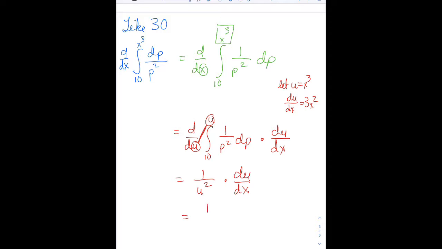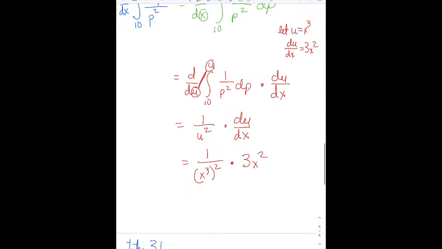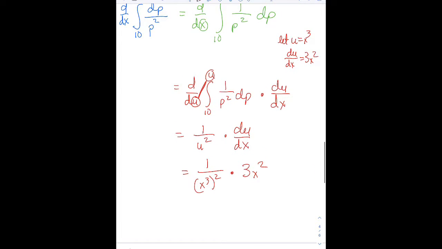So I'm going to make this 1 over x cubed squared times du dx is going to be 3x squared. So that ends up being three over x to the fourth.